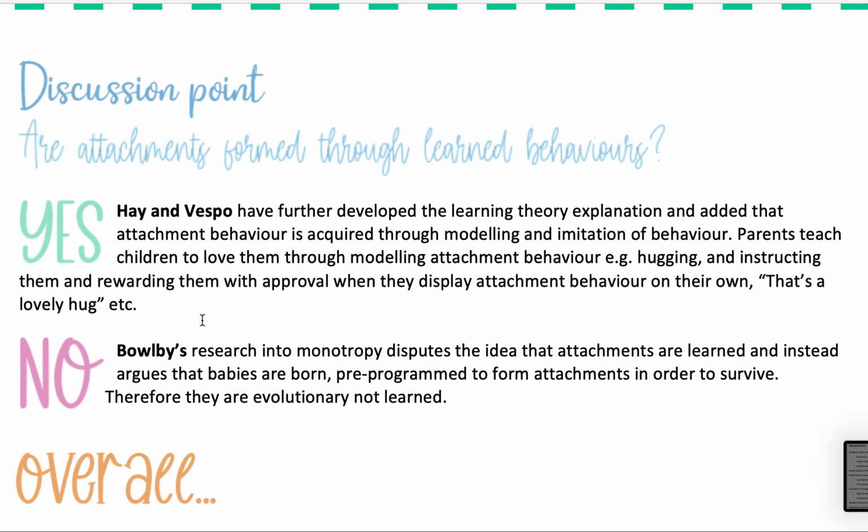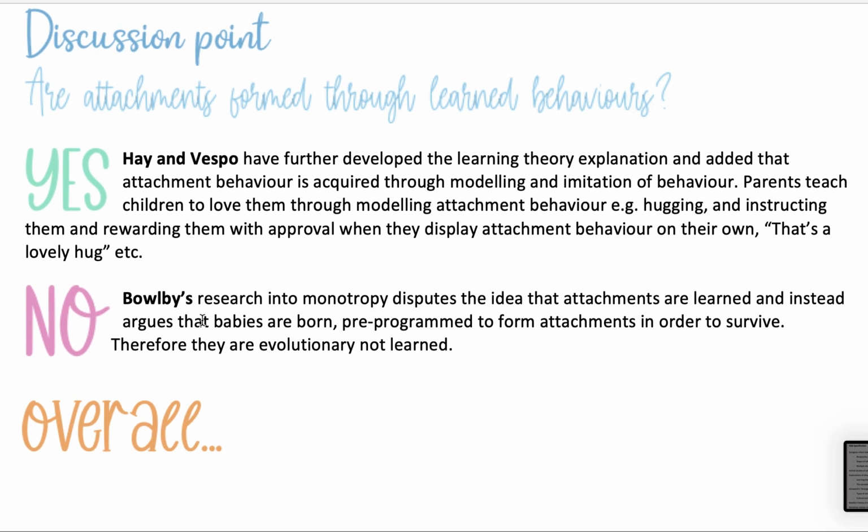If we can see a commonality between us and different species from the animal kingdom, it would suggest that there is a biological element to it, and there are obvious evolutionary advantages to forming attachments in terms of protection, etc. So we can't ignore that there must be some biological element to the initial formation.